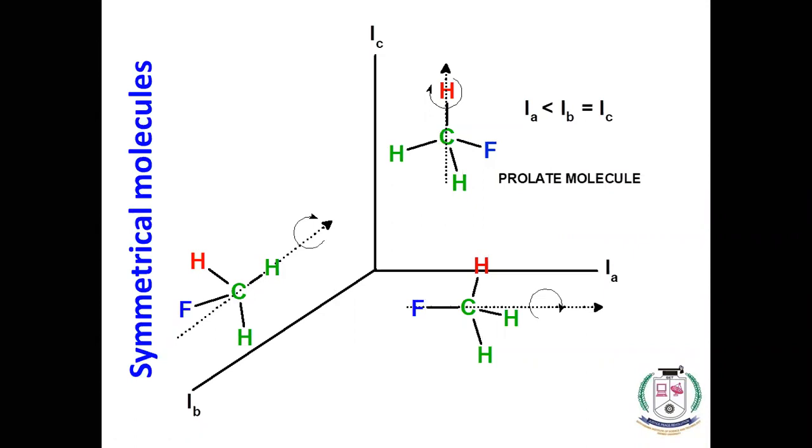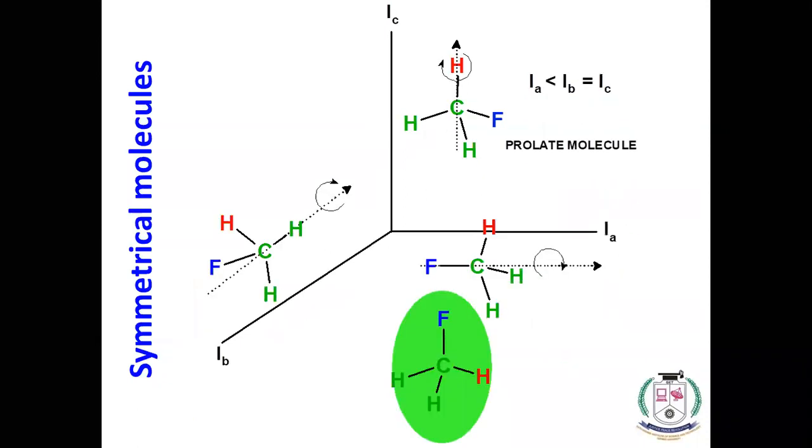If this is carbon and fluorine, Ia is very small. Let us see why Ia is very small. You see this? Because of the fluorine, this Ia, in two directions it is reducing. We are getting prolate symmetry. That means Ib is reducing and Ia is increasing. That is what prolate is.